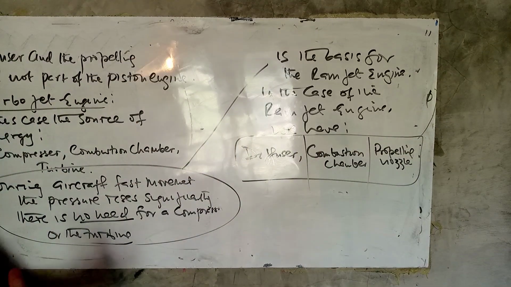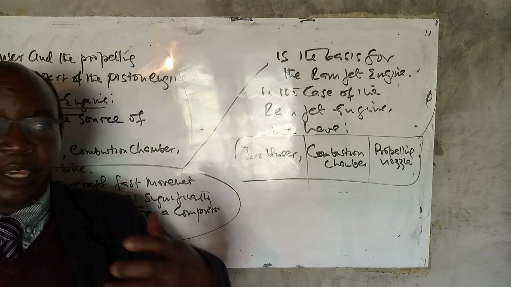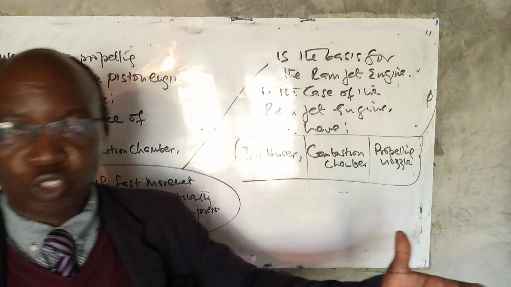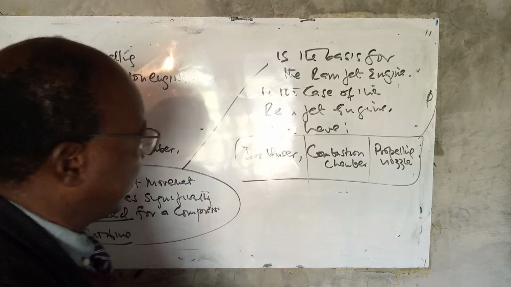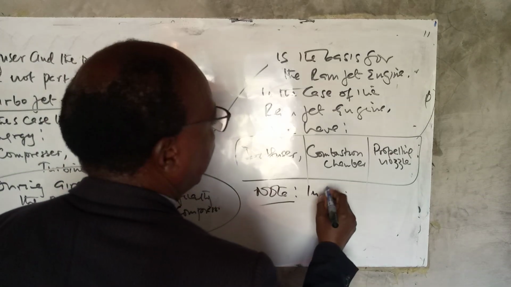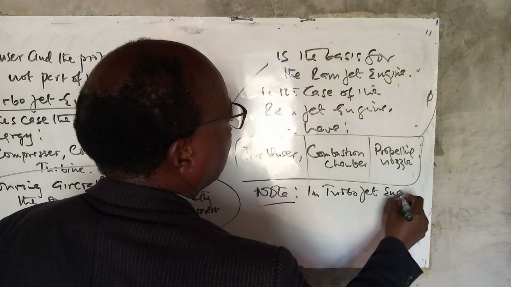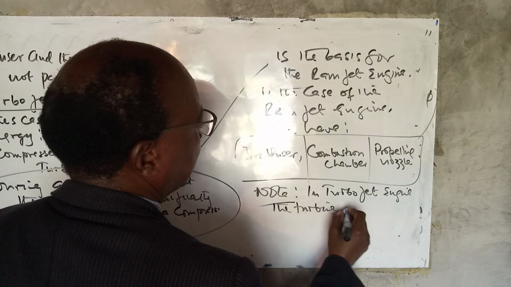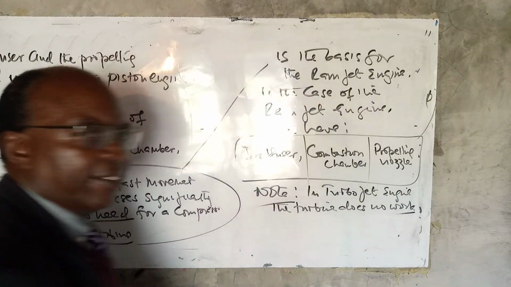And so always remember that even in the turbojet engine, when we talked of the source of energy, we have the compressor and the combustion chamber and the turbine. The turbine does no work. Remember that. Note that in the turbojet engine, the turbine does no significant work.